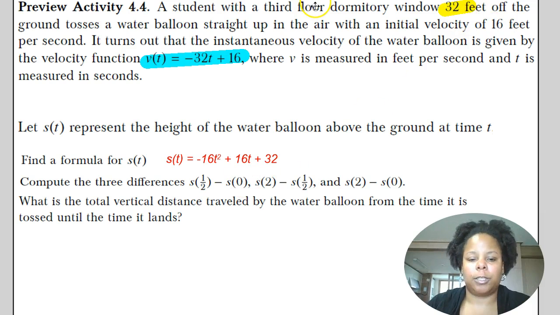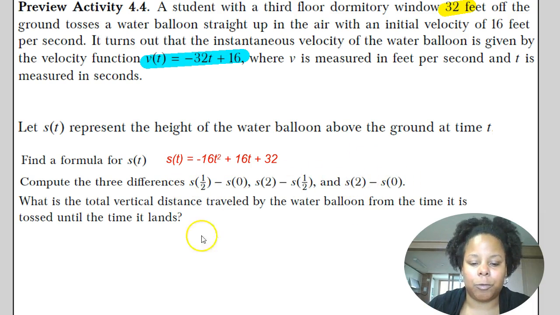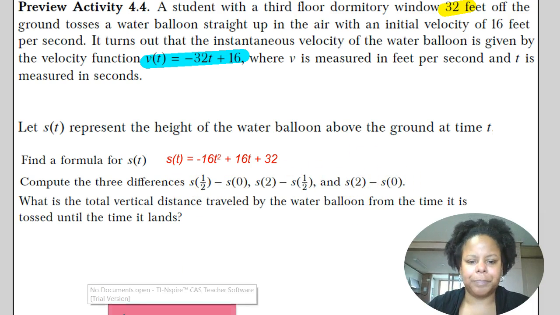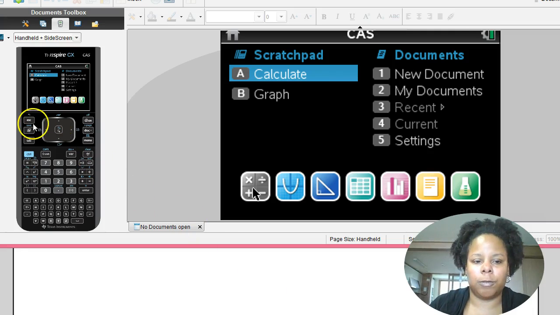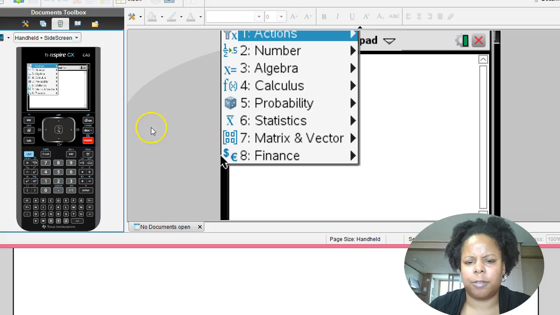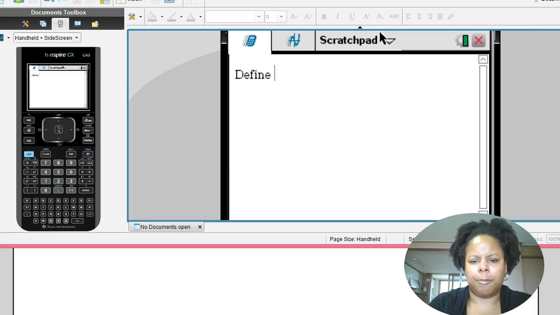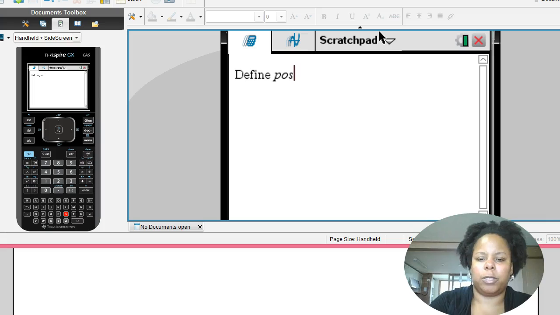Okay, so we're going to calculate these values using the handheld. I'm going to show you a trick. We can go to a scratch pad. It doesn't matter, but we're going to use the define function. You can either type the word define, or you can go to actions and do define. And the function, you can call it anything. Let's call it POS for position.